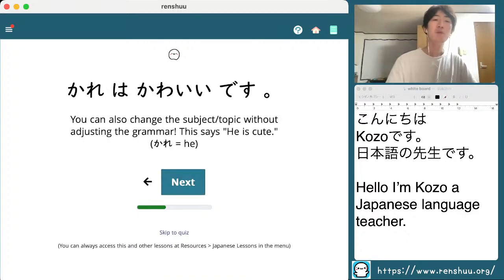And 彼は可愛いです。You can also change the subject or topic without adjusting the grammar. This says he is cute. First, you can change the subject. 彼 is he, and she is 彼女 in Japanese.